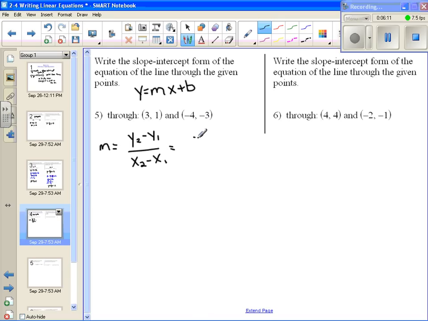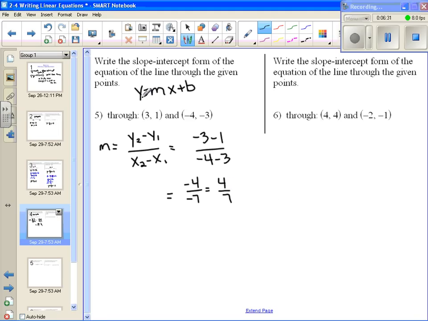So I'll take -3 minus 1 over -4 minus 3, and I get -4 over -7, which is 4/7. So now I know the slope.